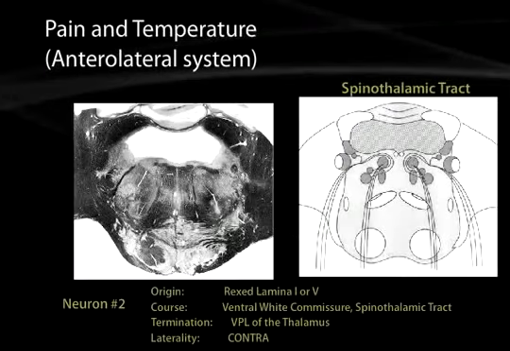Now we're starting to get into the caudal pons, and it's a little bit more difficult to see because there's a lot of structure here. But what you should do is sort of pretend like you have a spinal cord just sitting over the top of this pons, and you can find where that spinothalamic tract would be, because it's in the same location that it would have been in the spinal cord.